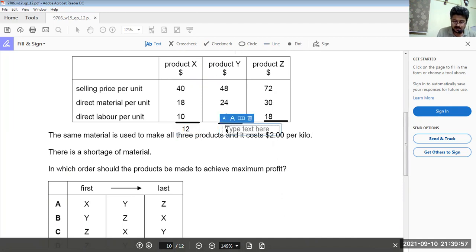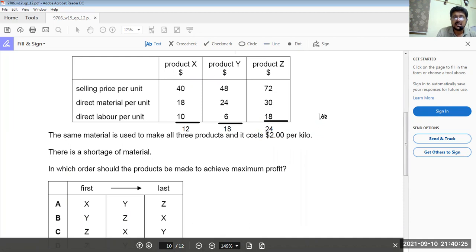What about product Y? 48 minus 24 minus 6. Contribution is 18. For Z, 72 minus 30 minus 18. Contribution 24.